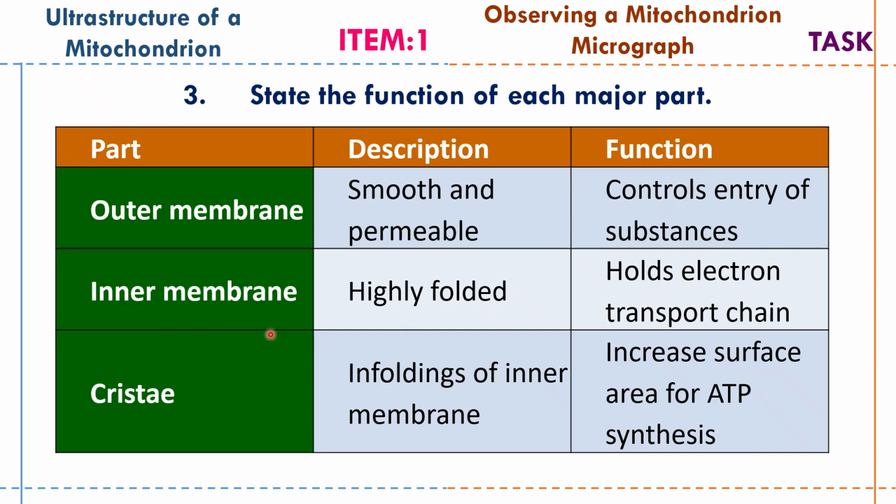Inner membrane: highly folded. Holds the electron transport chain. Cristae: infoldings of the inner membrane. Increased surface area for ATP synthesis.